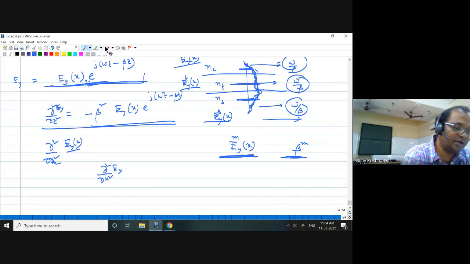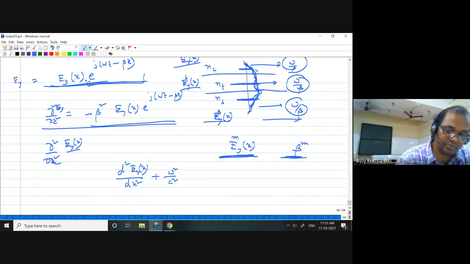So let me also write in clearer terms. I can write something like this: d²Uyx/dx² plus omega square by c square nf square Eyx plus or minus, what is that?